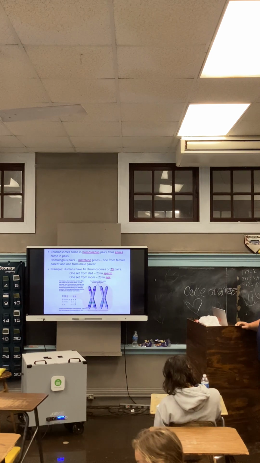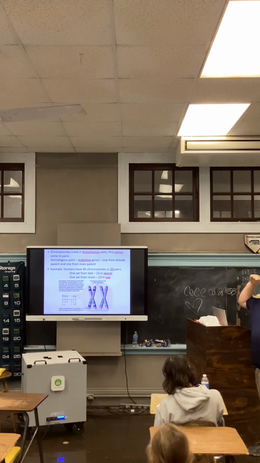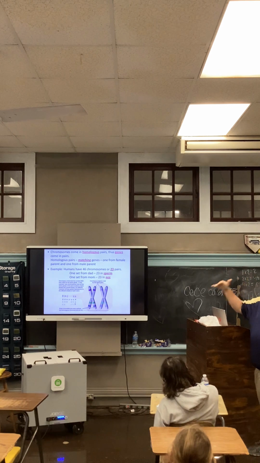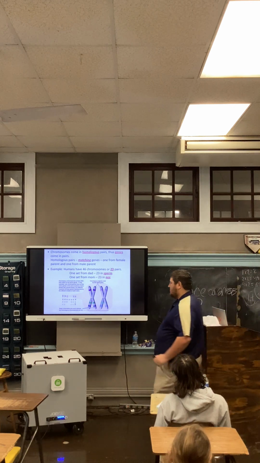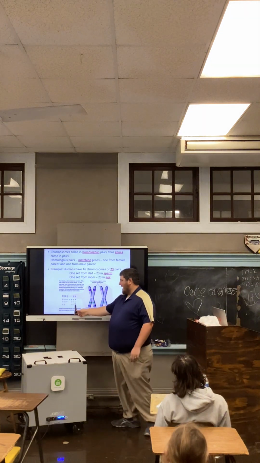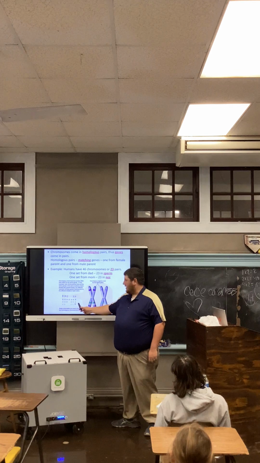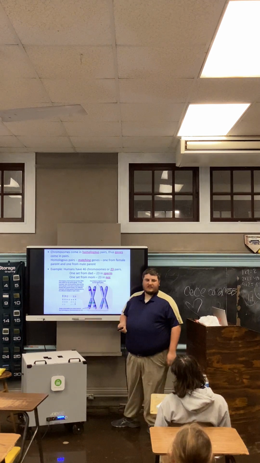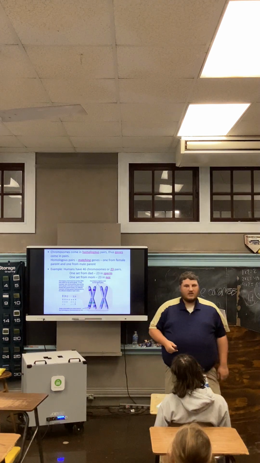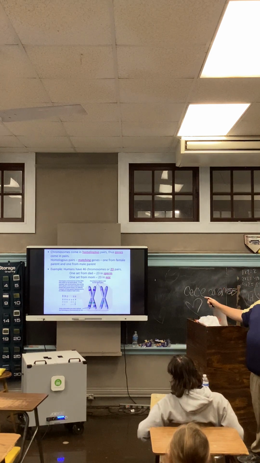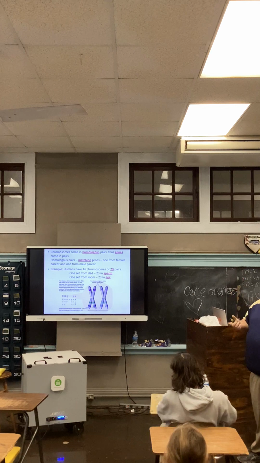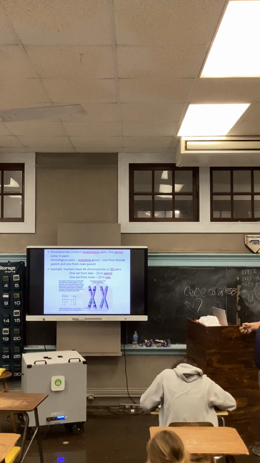Okay, 23 from the father, 23 from the mother. We have 22 matching chromosomes right here. And then the last one, the 23rd pair, is either going to be XX or XY to determine gender. So you can write down on your sheet, I just want you to know the 23rd pair determines sex, what you're going to be, male or female.